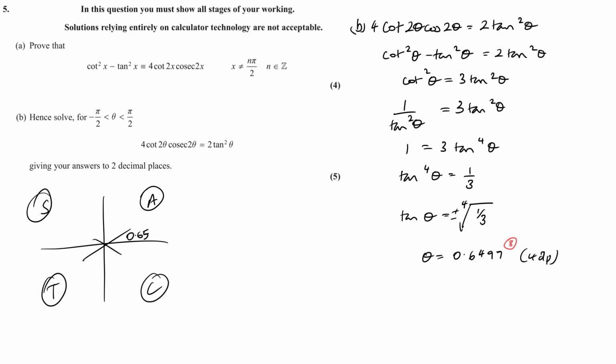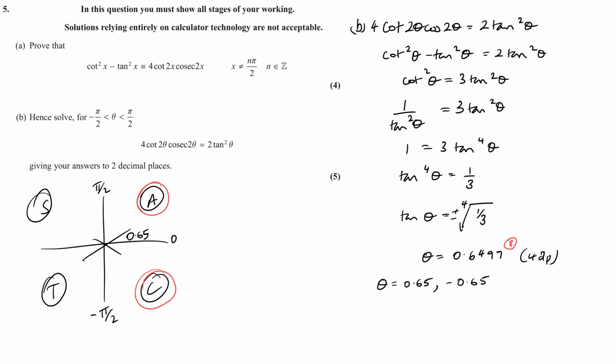However, we are only going as far as pi by 2 and minus pi by 2. So in fact, we're only looking here and here. Now that makes our lives way easier. So that means that theta is equal to 0.65 and negative 0.65.